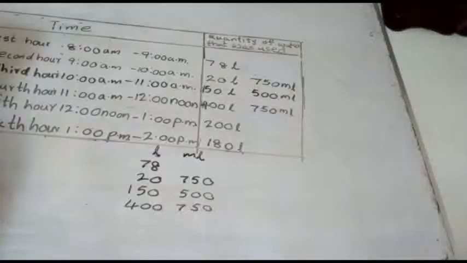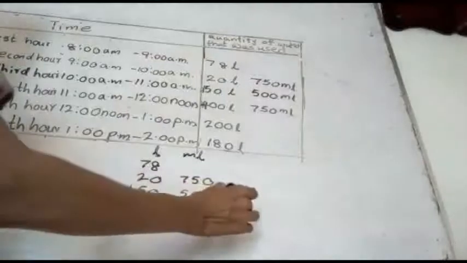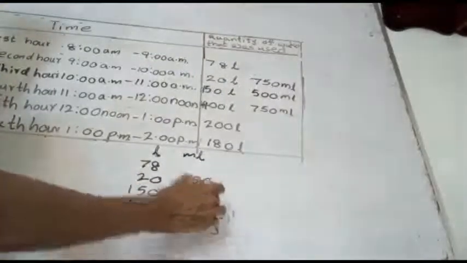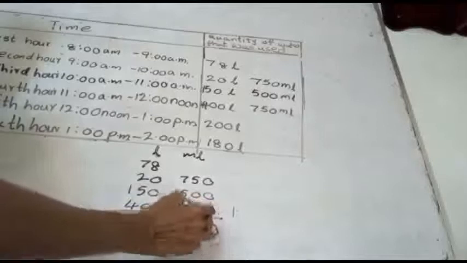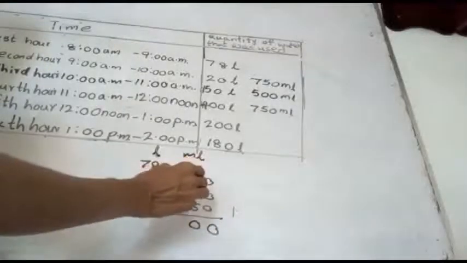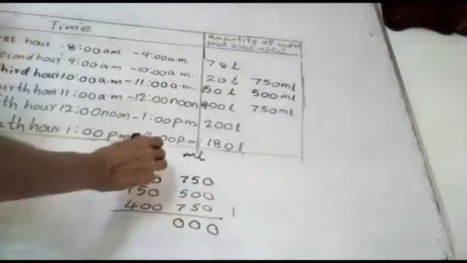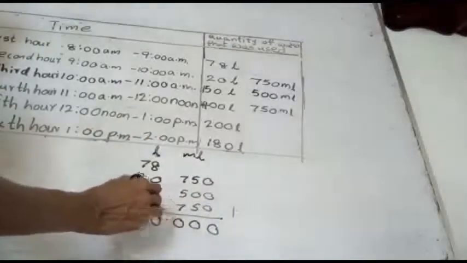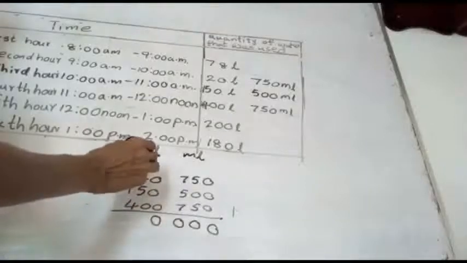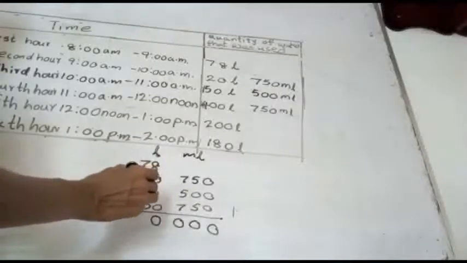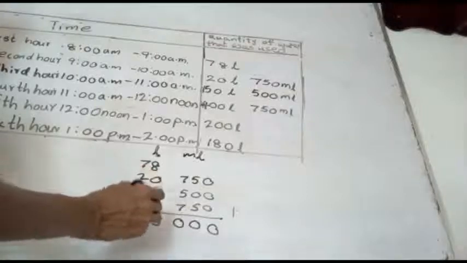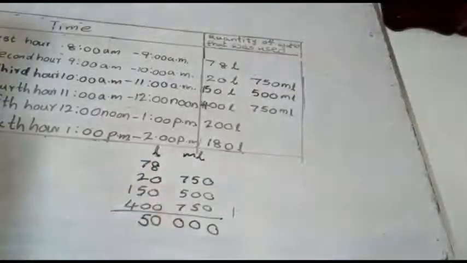Now the quantity of water that was used in first 4 hours, we add them. 0, 5 plus 5, 10, remaining 1. 1 plus 7, 8, plus 5, 13, plus 7, 20, remaining 2. 2 plus 8, 10, remaining 1. 1 plus 7, 8, 8 plus 2, 10. 10 plus 5, 15, remaining 1.